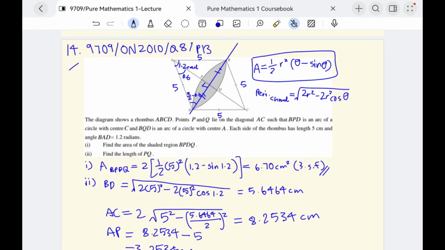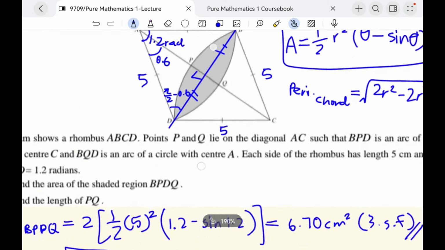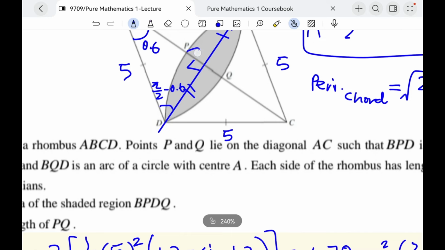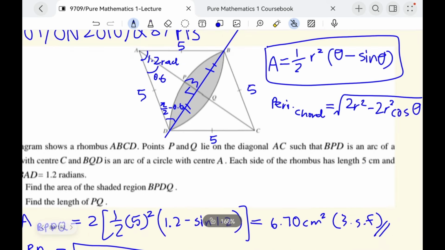Yes, because I want to find this length. Because this length and this length are equal, and I want to draw a diagonal line again over here, means that I want to find the chord of the PD, sorry.